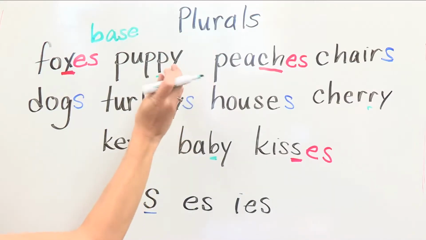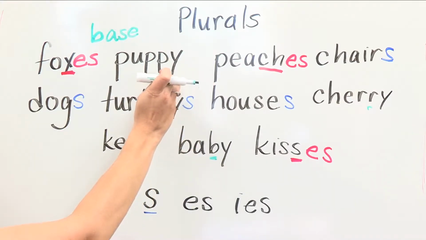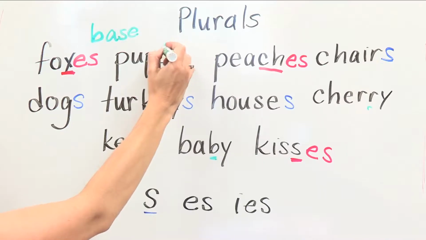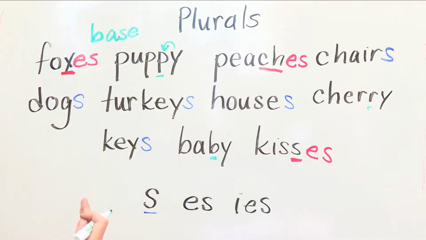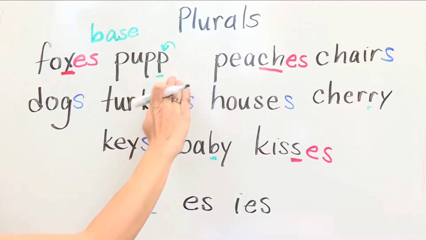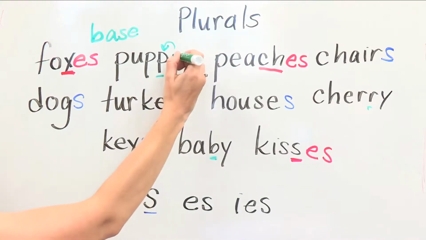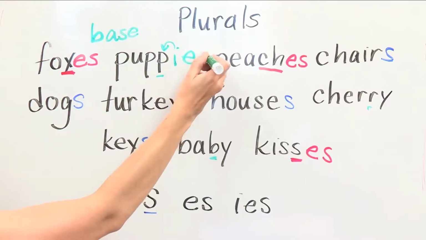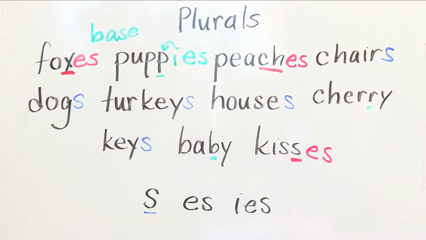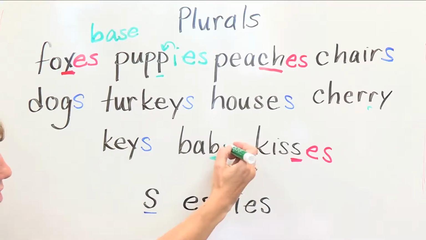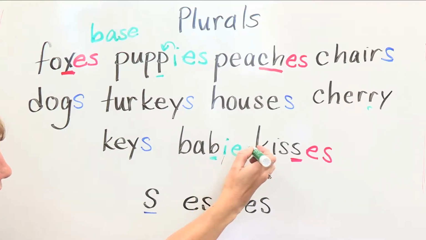Okay, so going back, we have puppy. So we know because it ends in a Y, with a long E sound, and there's a consonant right before that Y, I drop that Y, I change it to I, and I add ES. Okay, going down to baby. It ends in a Y, and there's a consonant immediately before it, so I drop that Y, change it to I, and add ES.